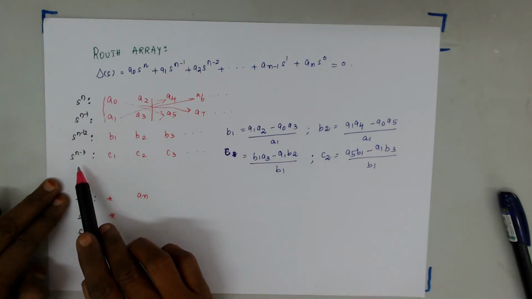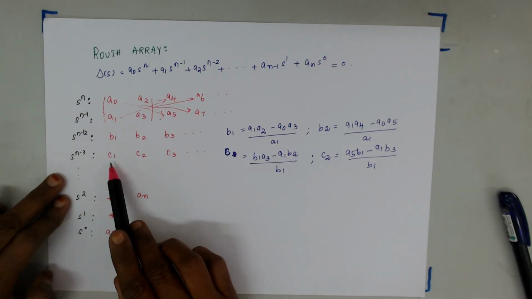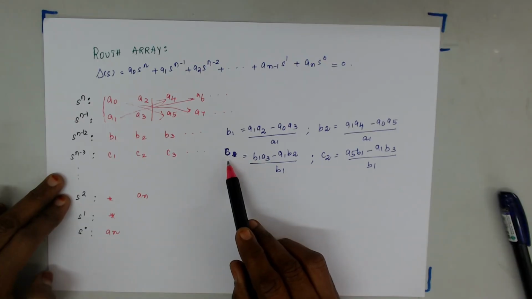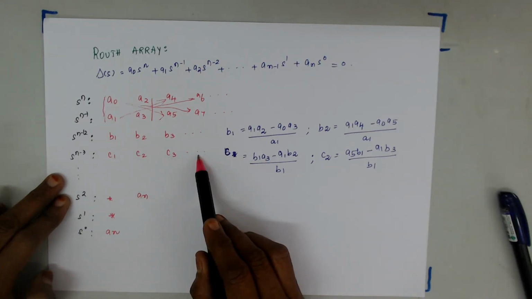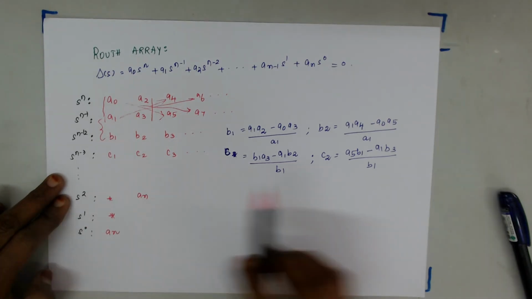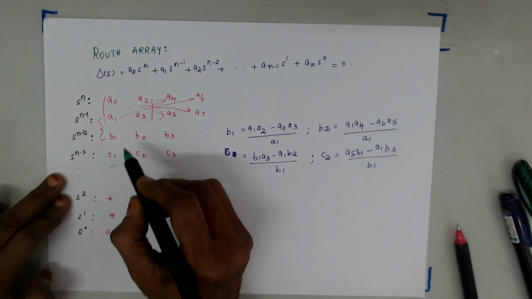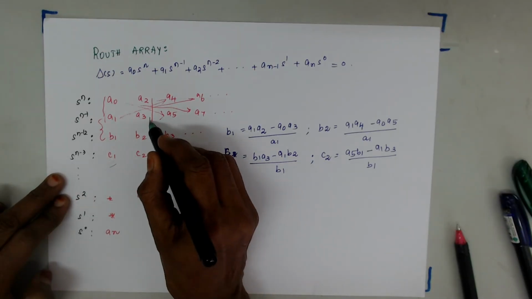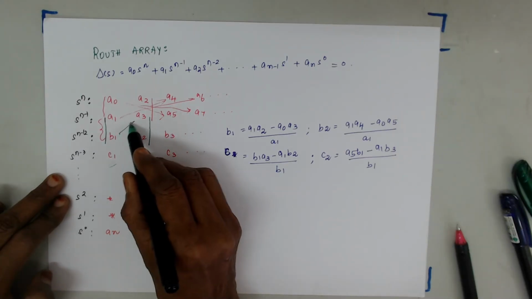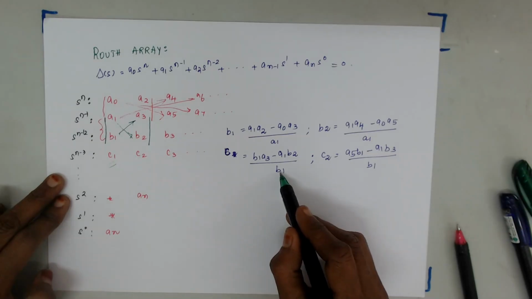Then coming to the next lower power of s, it is the s power n minus 3 row. Then the coefficient is written as c1. So how to form c1? Again c1, c2, c3 etc. are framed by using the previous two rows. So now we can find c1 again by finding the determinant. You take b1 a3 minus a1 b2 divided by b1.